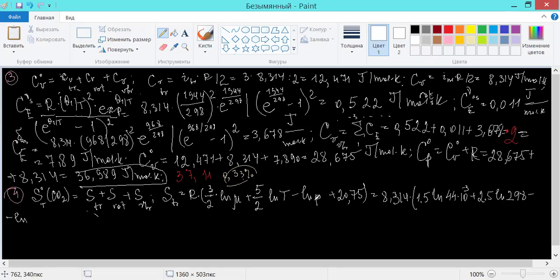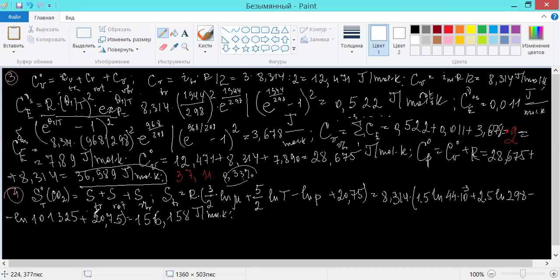P, not 1 atmosphere, but in pascals, it's 101,325 pascals, plus 20.75. So we use our calculators now, and the answer to this is 56.158 joules per mole Kelvin. Okay, so this is the first component.